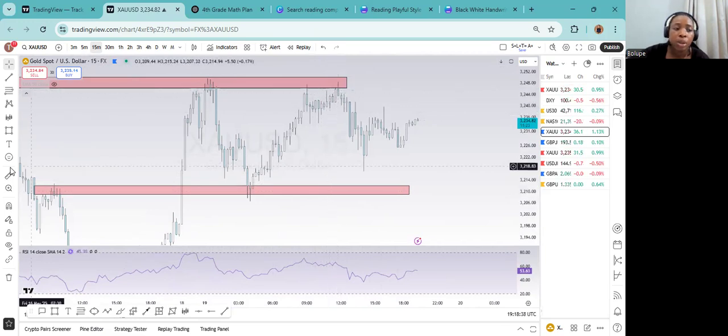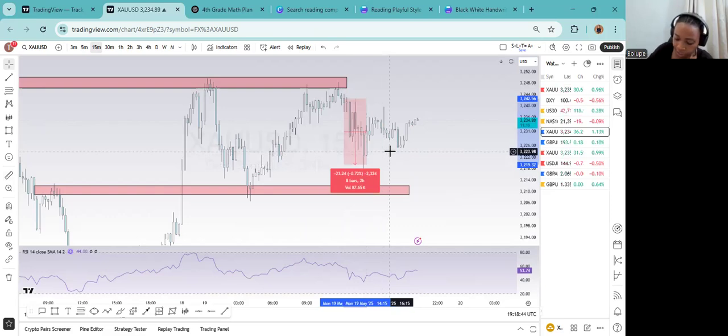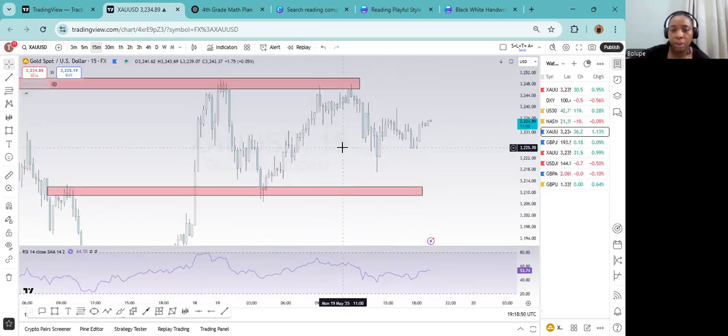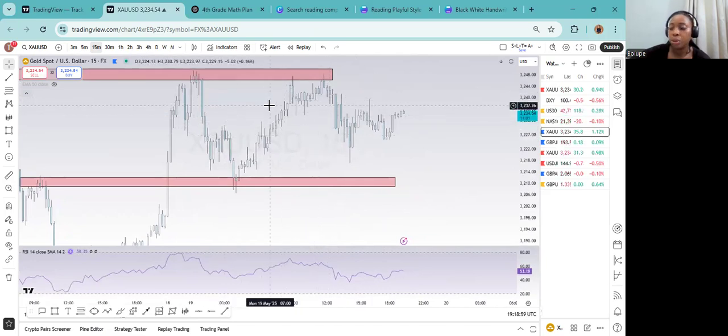It was a good sell, and that was a really good move of 230 pips. So basically one could have made any one of these or anywhere in between this.